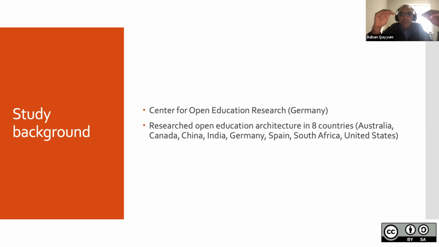Terry Anderson and Olaf Zawacki-Richter organize how we do research into 3 different levels: the frontline level of micro research, which is talking about teaching and learning and design, the really important everyday work of education; the meso level of institutional trends; and then the macro level of what's happening more globally. This research on open education architecture is located more at the meso and macro level. Next slide, please.